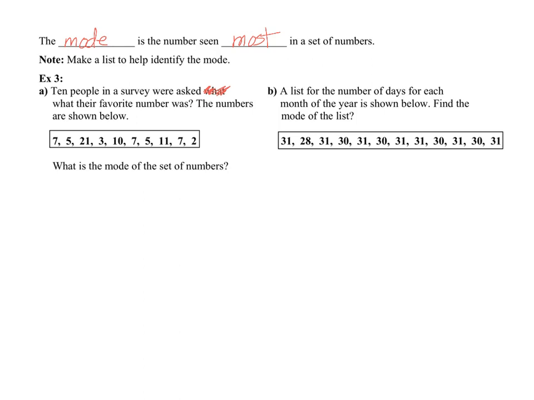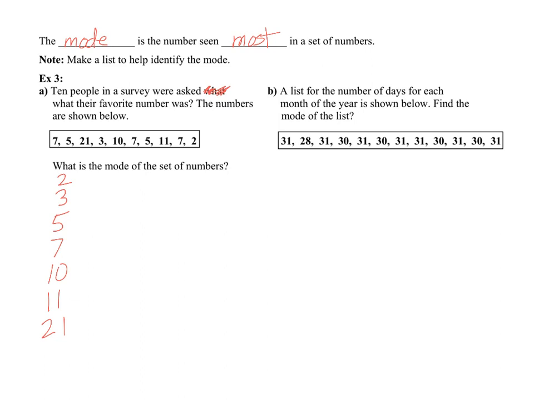So what numbers do we have? We have a 3, a 5, a 2, another 5, 7, 10, 11, and 21. How many times do we see the number 2?